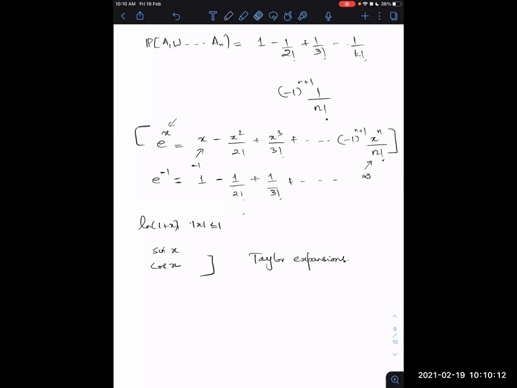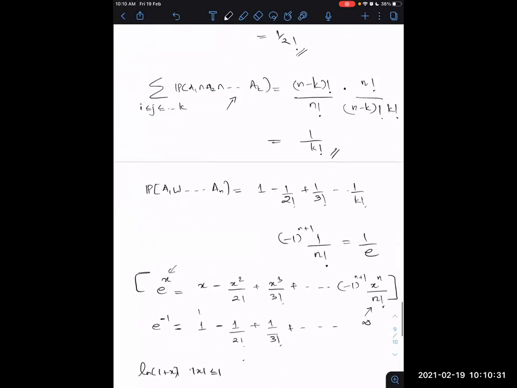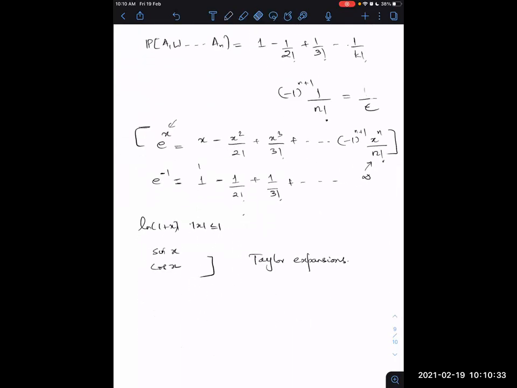This would be just 1 over e, or 1 minus 1 over e. Okay, I'm confusing you guys here, but just verify me on this. This would approximately turn out to be 1 minus 1 over e, if you have infinite number of terms.